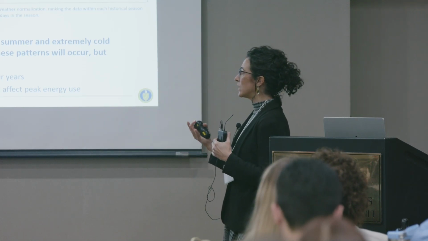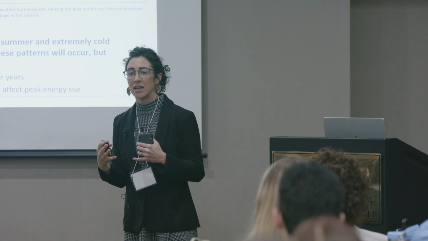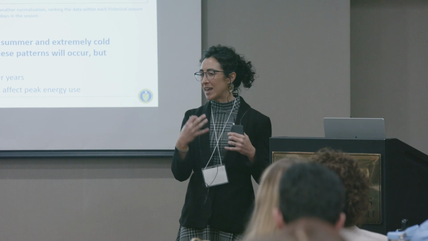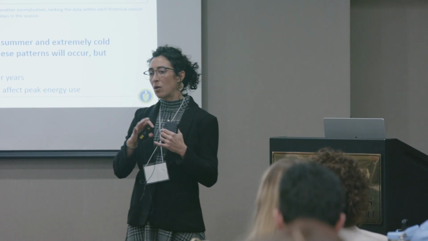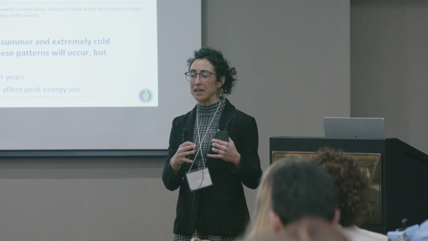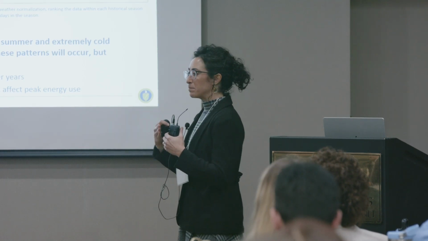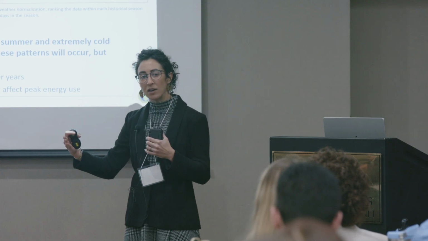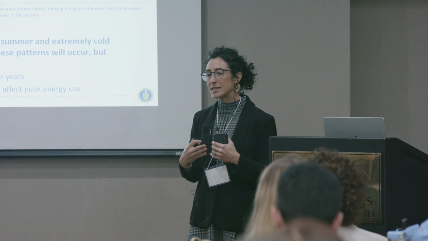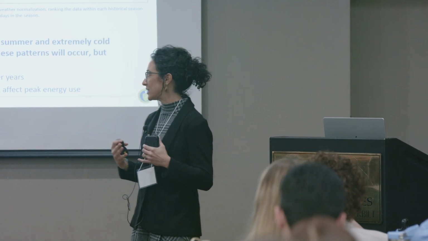And so peak load is not driven by the same type of weather as energy. So if you're trying to forecast energy, you might use one type of weather normalization technique versus if you're trying to predict peak. Peak load is typically driven by consecutive days in a row of heat, and typically it occurs on a weekday, not on a weekend or a holiday.